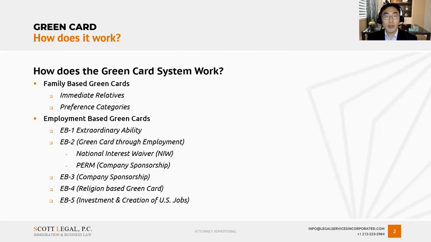The US green card system is primarily broken into two ways. One is family-based and the other one is employment-based. Under the family-based, the immediate relatives category is for a US citizen's spouse, unmarried children under the age of 21, or parents if the sponsoring citizen is over 21.